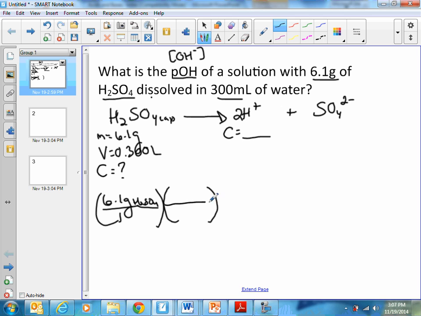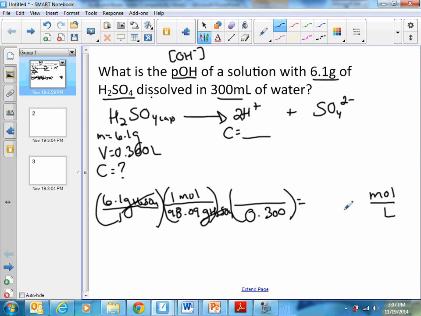So if I'm trying to cancel out grams, I need to write 98.09 grams of H2SO4 on the bottom so that this cancels, per 1 mole. So I'm trying to end up with moles per liter. We're looking for a concentration. I've got the moles. I need the liters part now. So I'm going to use my volume and I'm going to write it on the bottom because that's where I want liters to be. Grams will cancel. We're left with moles over liters.